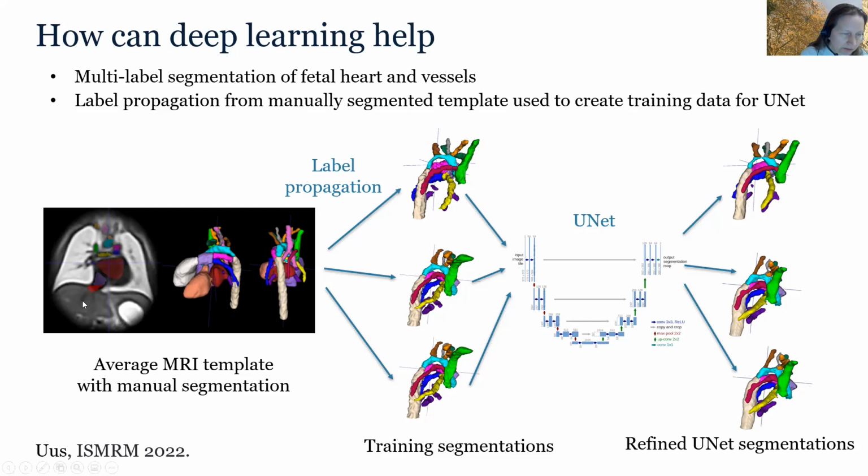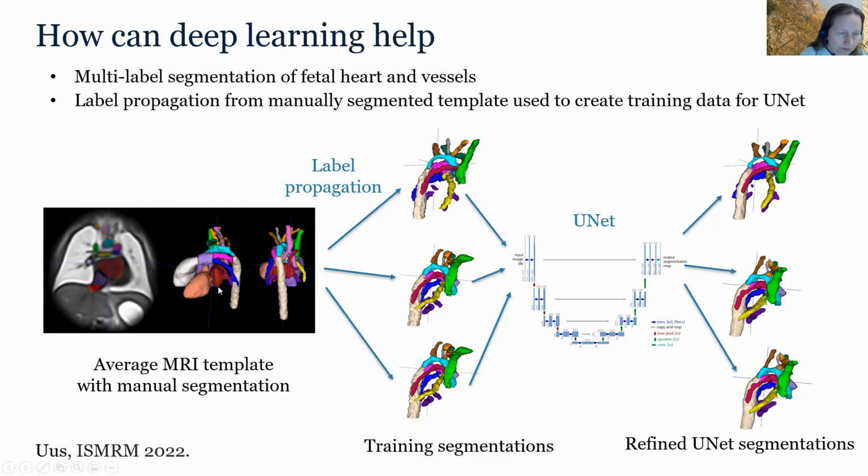So what Alena did was create an average template of the fetal trunk, which included the heart. Then our clinical collaborator manually segmented all the different vessels. We also have the chambers, but we are not using them for this segmentation network.